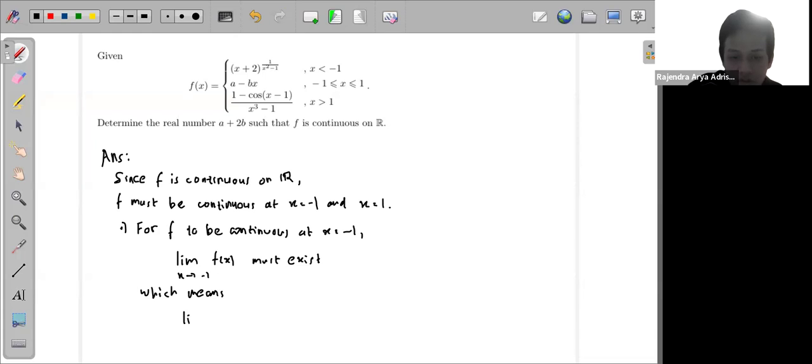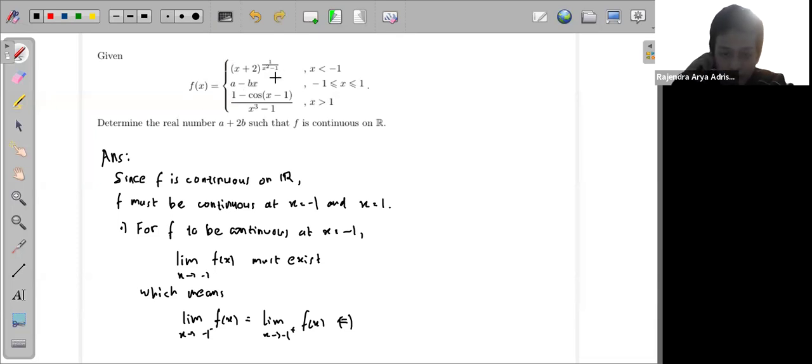So we say the limit when x approaches -1 from the left must have the same value as the limit when x approaches -1 from the right. From here we can just use the definition from up here. So when x approaches -1 from the left, of course we use this definition, right?